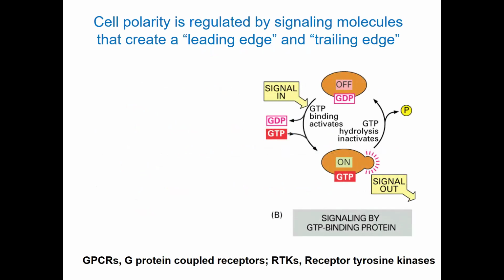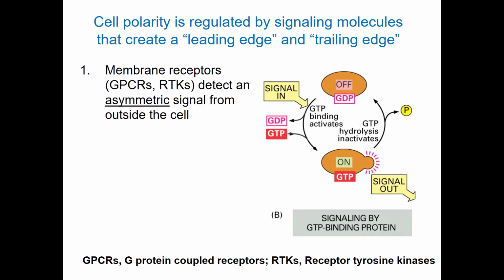Cell polarity is regulated by signaling molecules. So step number one is cell polarity, regulated by signaling molecules that create a leading edge and trailing edge. Leading edge means front and trailing edge is the back. Membrane receptors, G protein coupled receptors or other receptors, can also play a role.